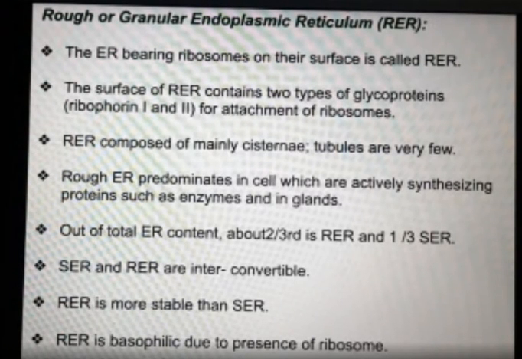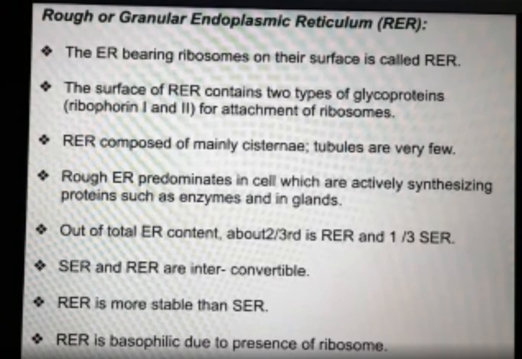Then rough or granular endoplasmic reticulum. They are characterized by the presence of ribosomes, and they contain two types of proteins, ribophorin 1 and 2, attached to the ribosomes. Rough endoplasmic reticulum is composed of many cisternae; tubules are very few.